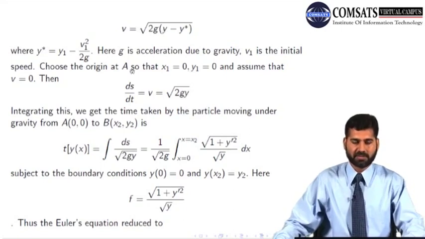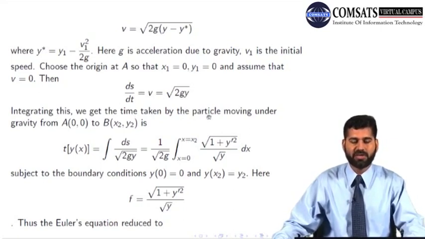All right. Now if I integrate this velocity, I'll get the distance. Integrating this, we get the time taken by the particle moving under the gravity from (0, 0) to B(x2, y2). So here, because we are interested in time, not in the distance, so if I integrate it directly, I will get s, but what we did is, we separated the variables for t, and solved it for t instead of s, because we are interested in time here.